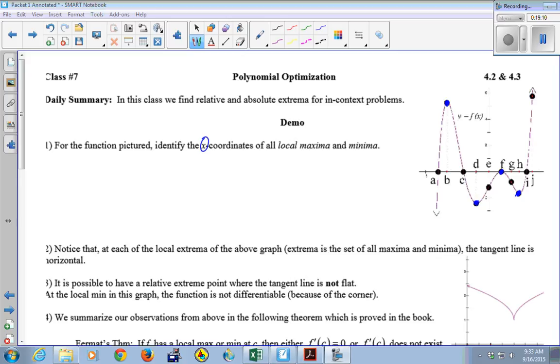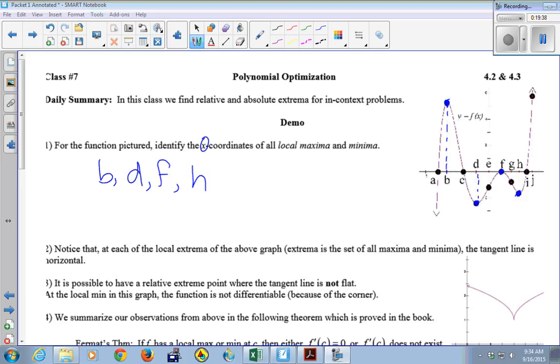And what is the x value of this first one? B, right? So I've got B. And then the next one, it's got an x value of D. And the third one, F. And the last one, H. So we're just giving x values.